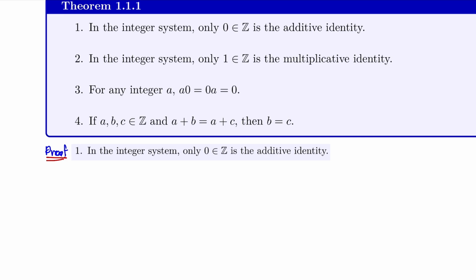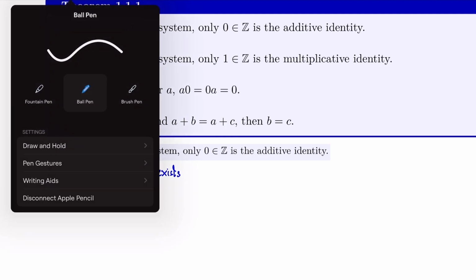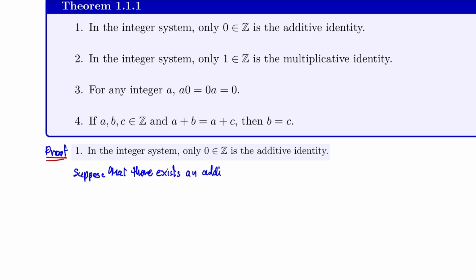So what I have to do is to suppose that there exists an additive identity x, such that a plus x equals a, or x plus a equals a. What is a? A is any integer.